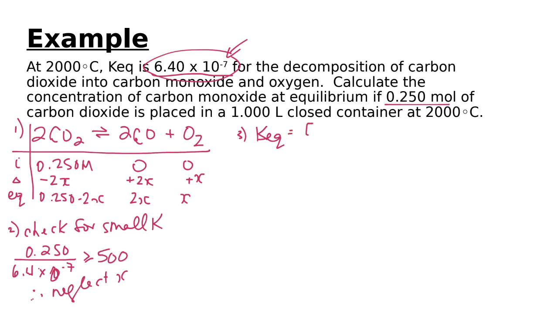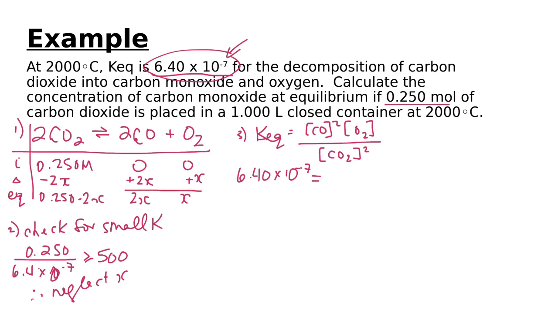We're going to take the concentration of CO, our product, squared, times the concentration of oxygen, divided by the concentration of CO2 squared. We have our KEQ value of 6.40 times 10 to the negative 7. And then this is where we're going to stop, because we're going to be putting in these x terms from the ICE chart.